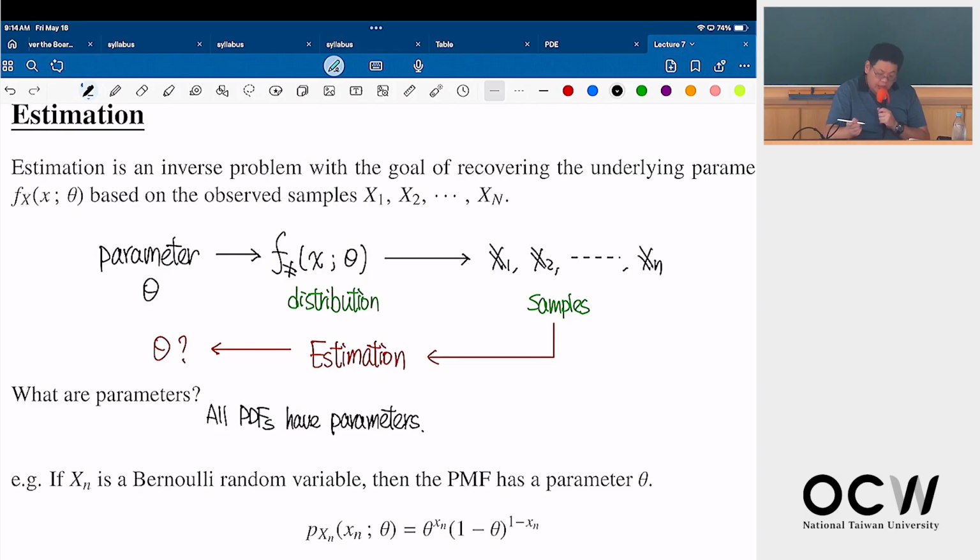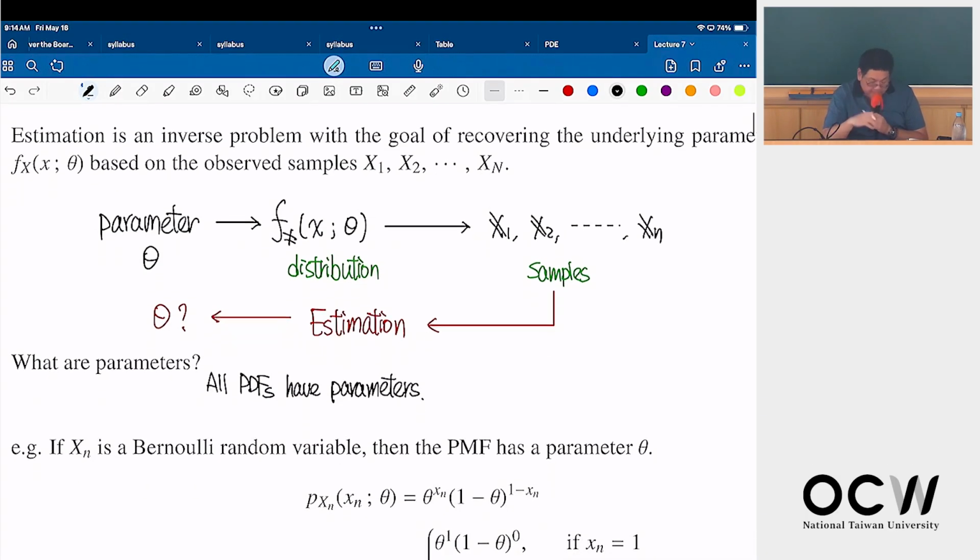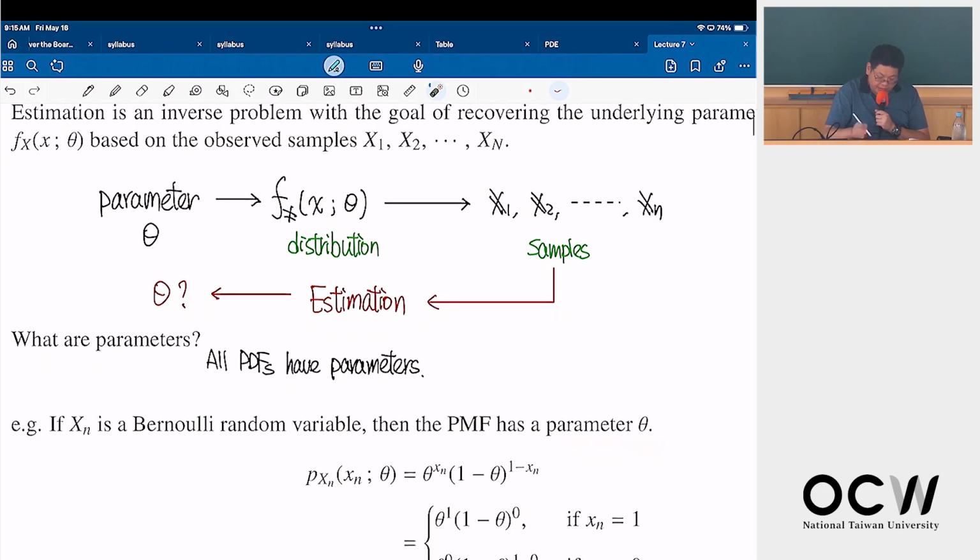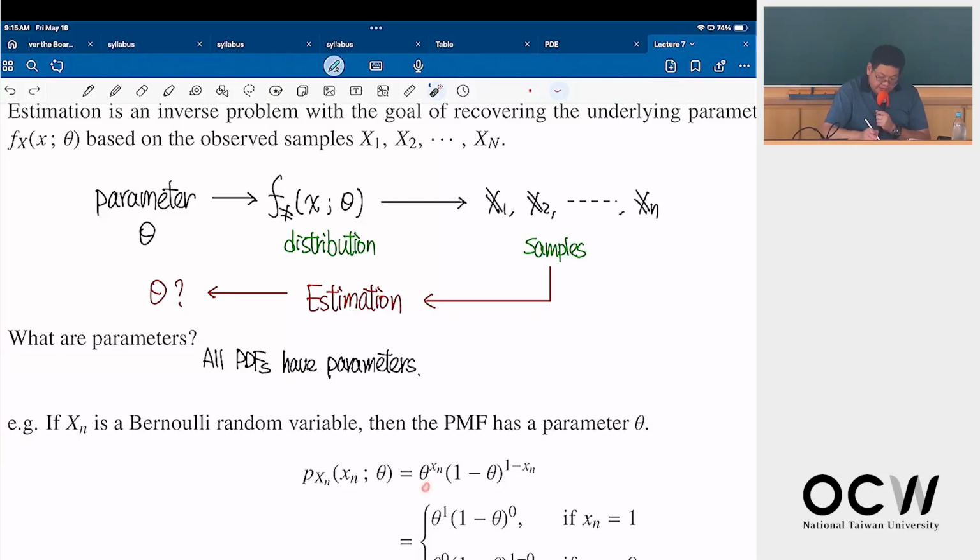Let's see some examples. If the random variable x is a Bernoulli random variable, then what is the PMF? The PMF has the parameter theta. Our PMF is theta to the xn times 1 minus theta to the 1 minus xn.